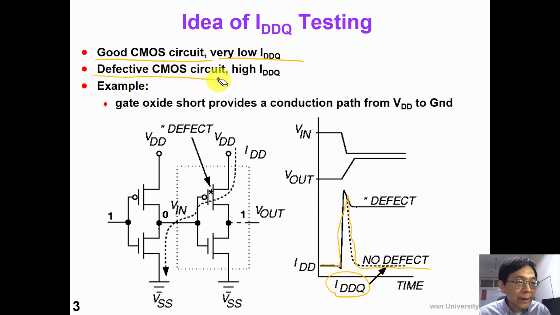However, for a defective CMOS circuit, for example, suppose we have a gate oxide short between the gate and the drain in this circuit. In this case, we can observe a static current even if we wait for a long time. So we can tell the difference between a good circuit and a defective circuit.